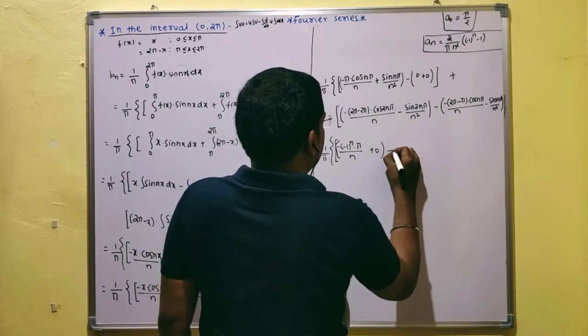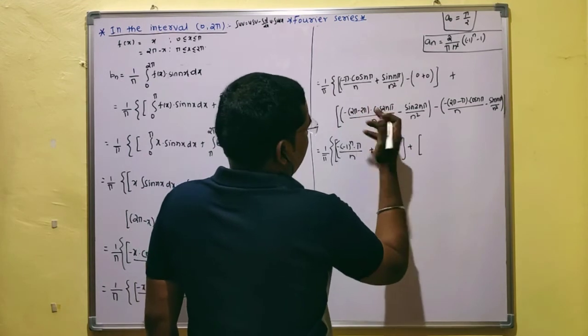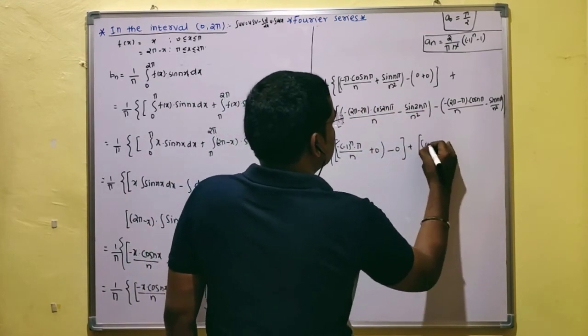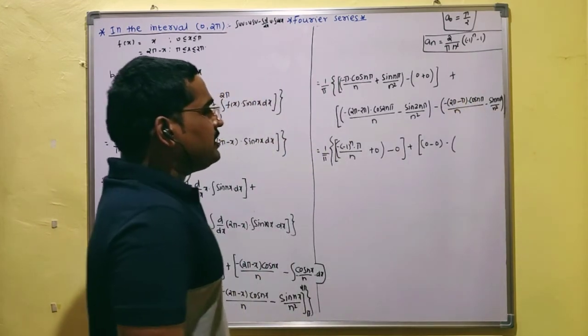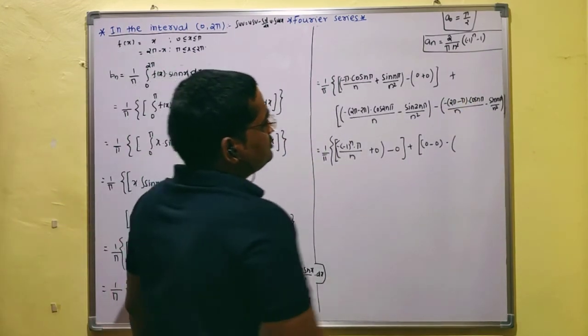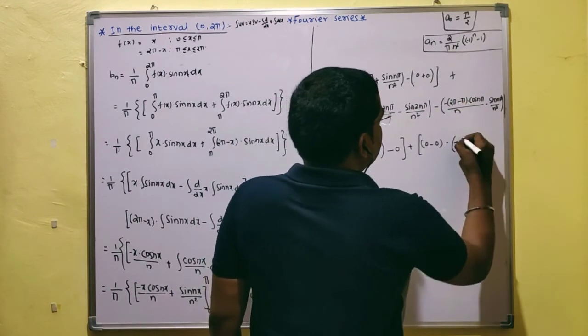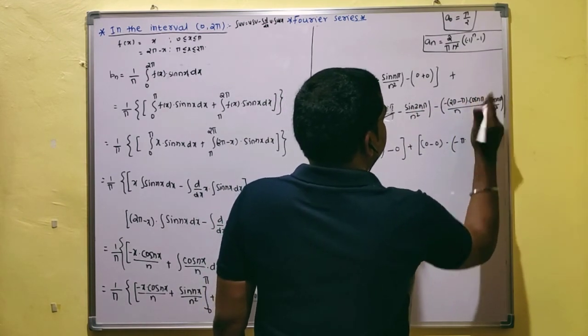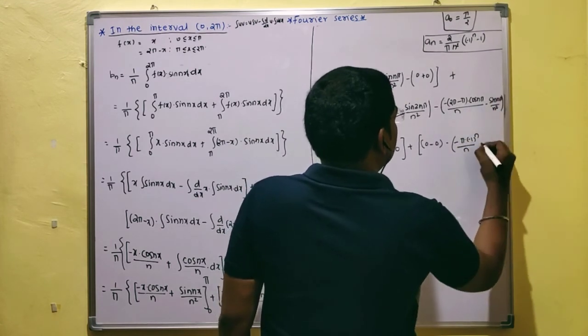Now this total value is also 0 plus for this bracket 2 pi minus 2 pi is 0, sin 2n pi is also 0, 0 minus 0 minus, now this 2 pi minus pi, what is that value? 2 pi minus pi is pi, here is minus of pi into cos n pi, minus 1 to the power n divided by n, and this sin n pi is 0 minus 0.